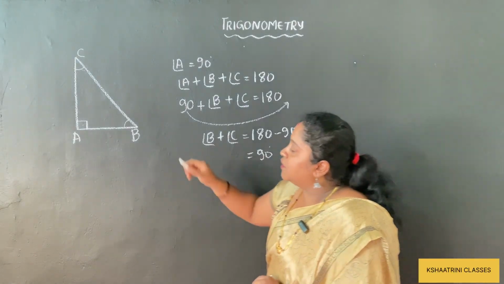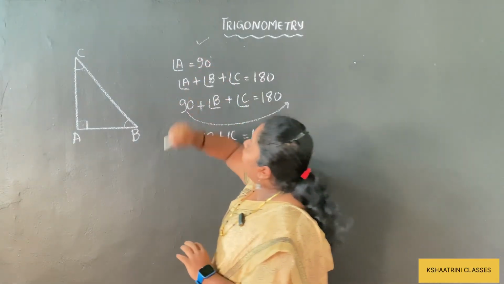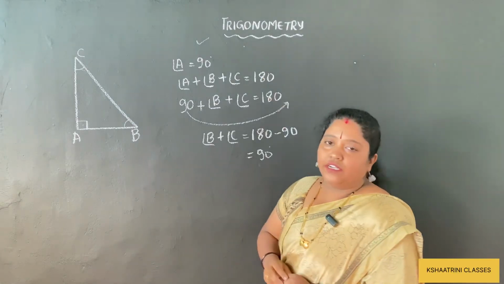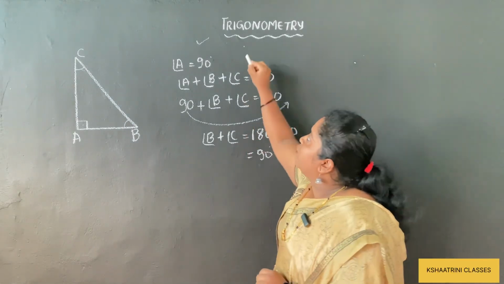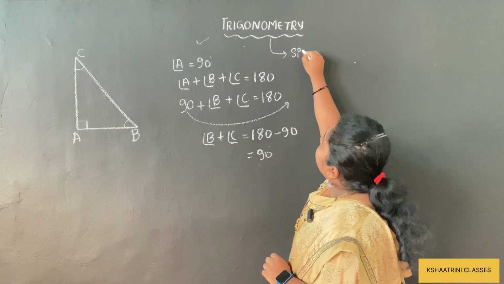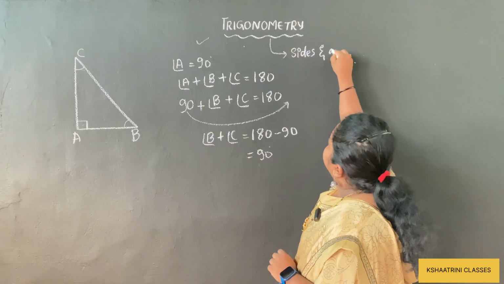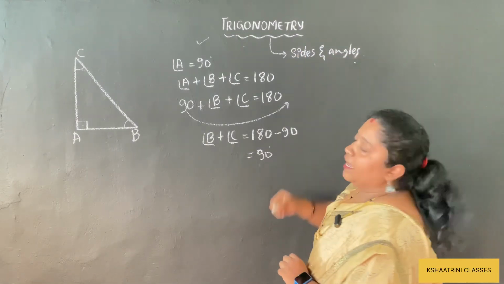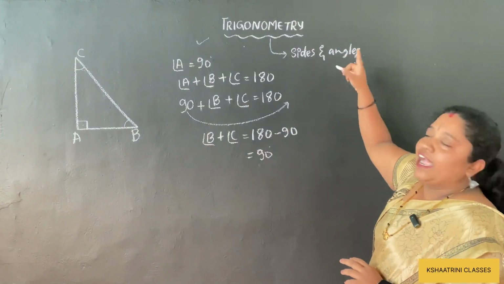And one of the most important things you have to know about trigonometry is that it gives a connection between sides and angles.